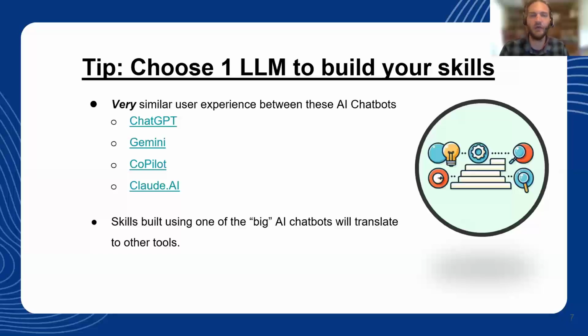You can play around with each of them to see which one you feel most comfortable with, but you do not need to learn how to utilize all of these, because the skills that you build with one of these, quote unquote, big AI chatbots are going to translate to other tools. So if you get used to using ChatGPT or Gemini, when you hop over to Copilot, it's going to feel really intuitive, and you're going to be able to interact with it pretty well.